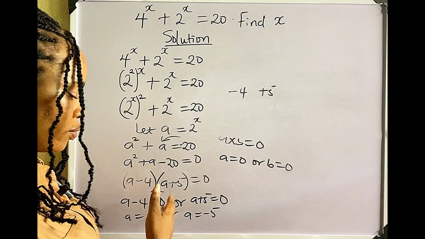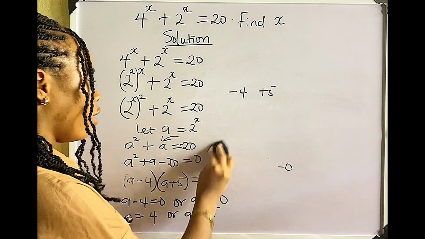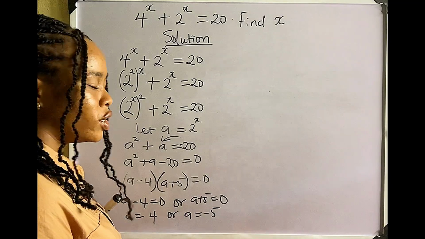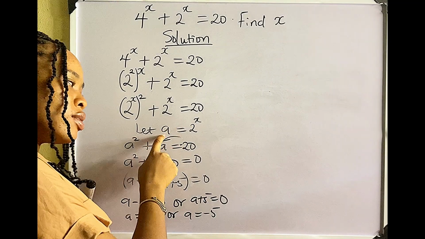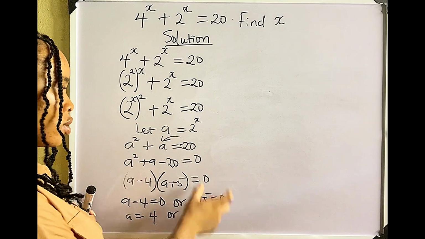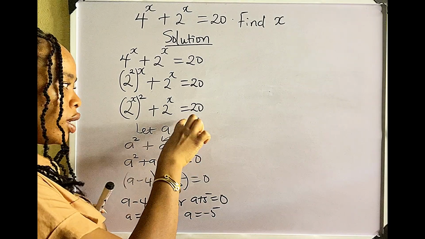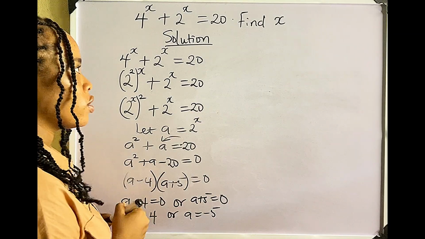So now we have gotten our values for a. The next thing to do is to replace it back here. Since we assumed a to be 2 raised to the power of x, we're going to put it back here so that we can get the value of x.